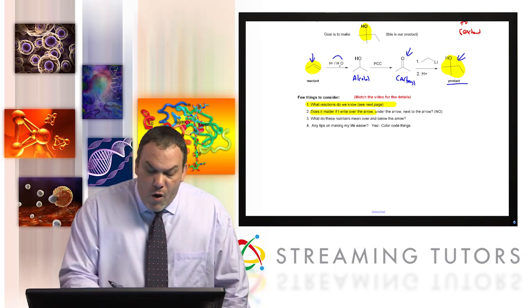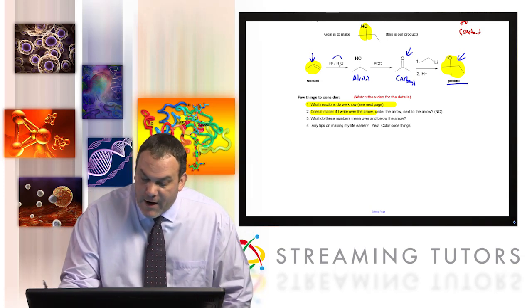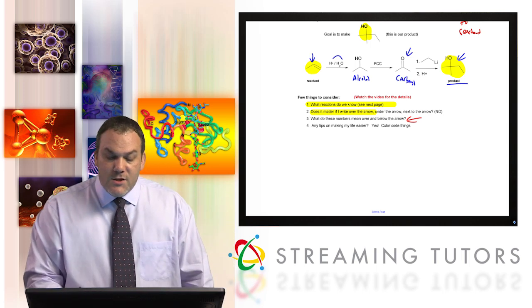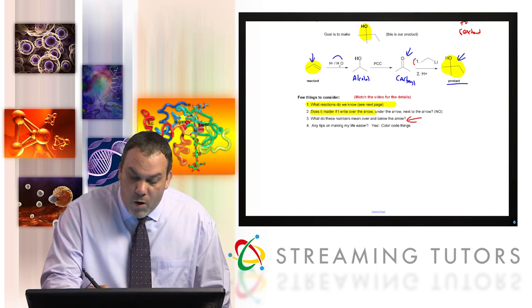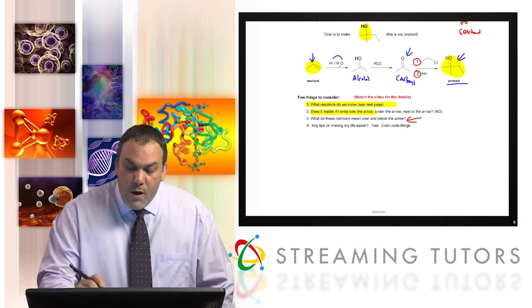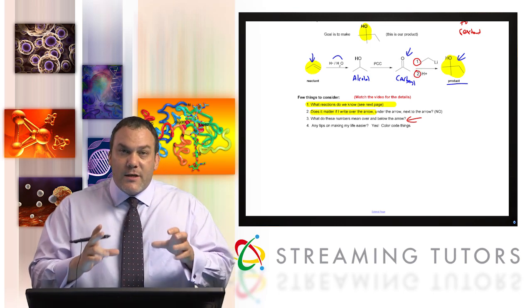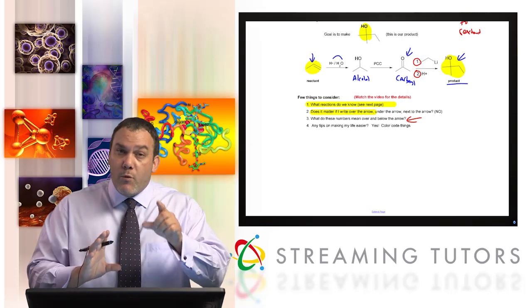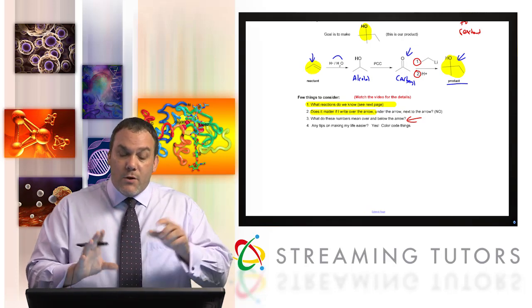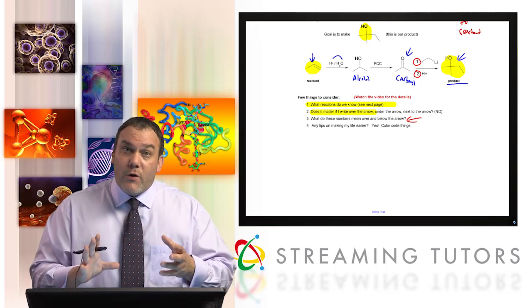Another thing is, what is this about numbers, right? Look at this right here. What about these numbers? Well, look at the last step going to the product. Notice how it says 1, then 2. That means that this is actually two different steps to go through this transformation. Remember, we're not showing the mechanism, but these are required during the mechanism.